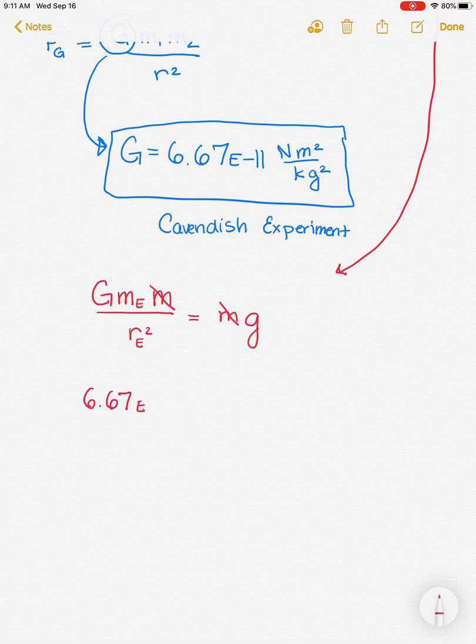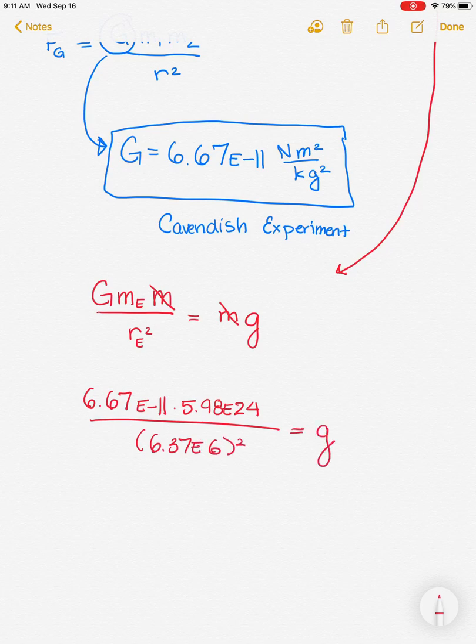So here I have 6.67 e to the negative 11 times 5.98 e24 divided by 6.37 e to the 6 squared, equal to g.